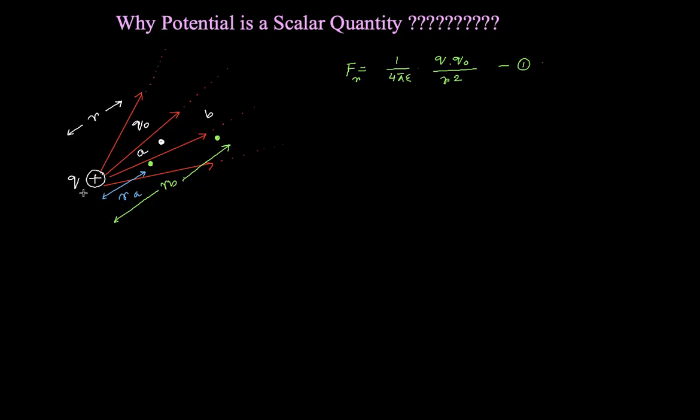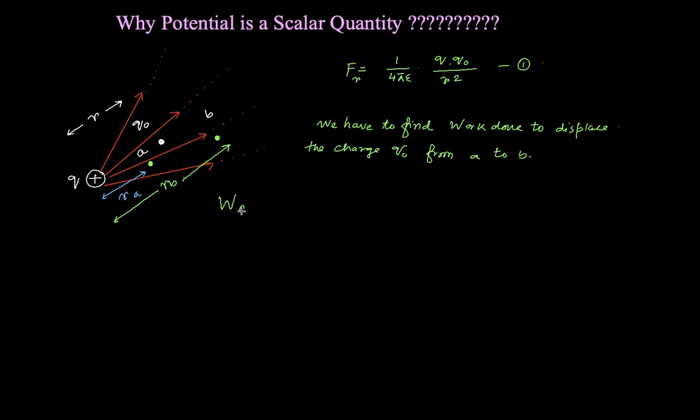Now, what is the work done? We have to find the work done to displace the charge q naught from A to B. If the work done is denoted by W from A to B, we know W is equal to F dot ds.